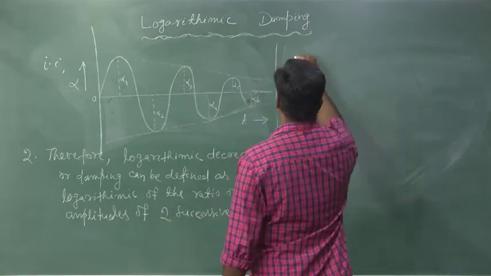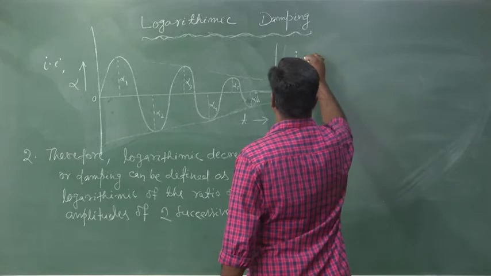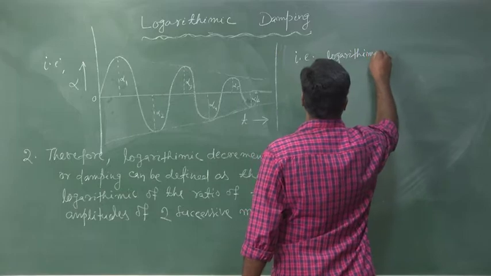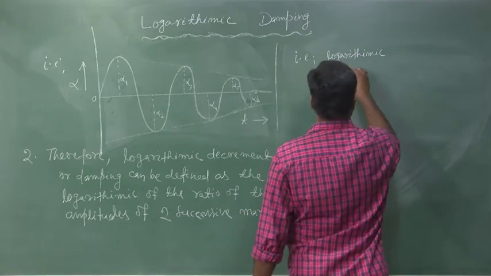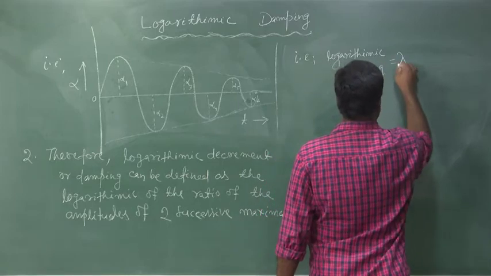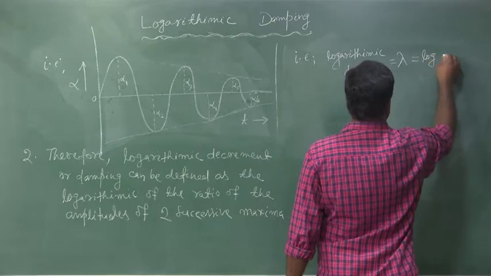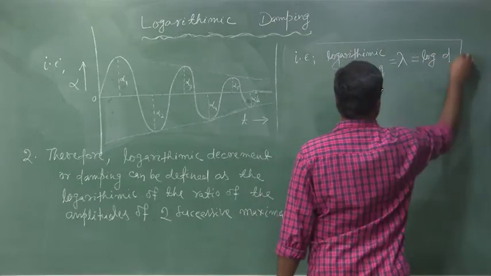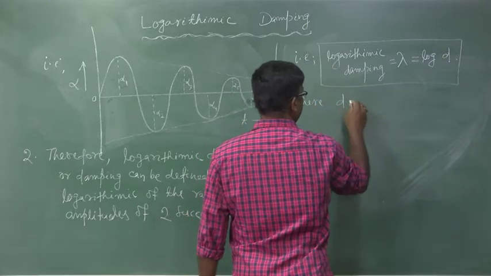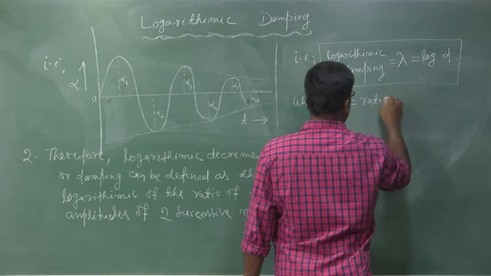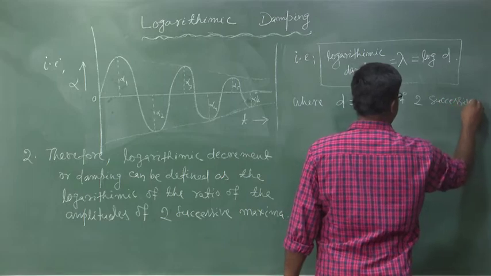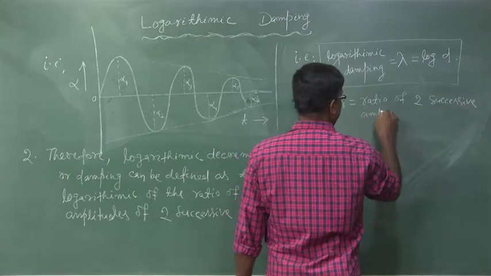This can be written as: logarithmic damping is equal to lambda, equal to log d, where d is equal to the ratio of two successive amplitudes.